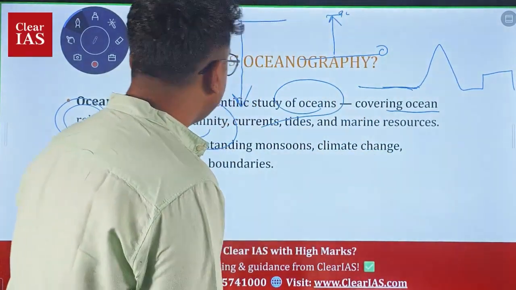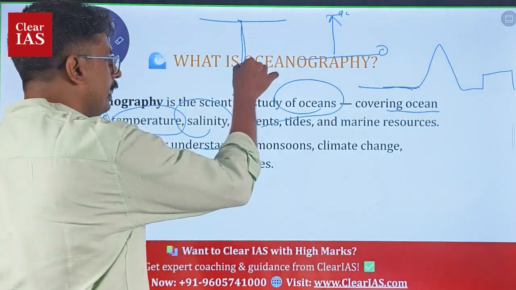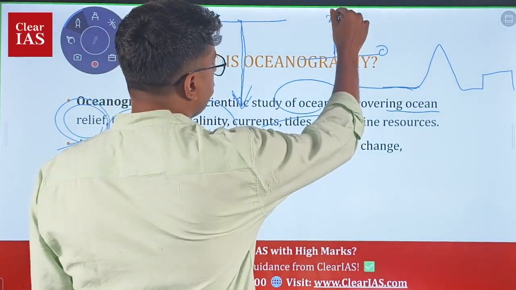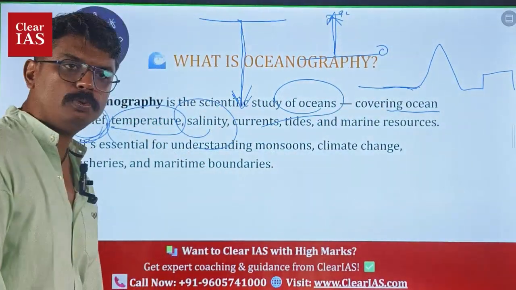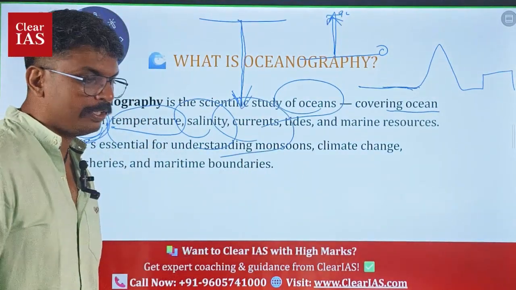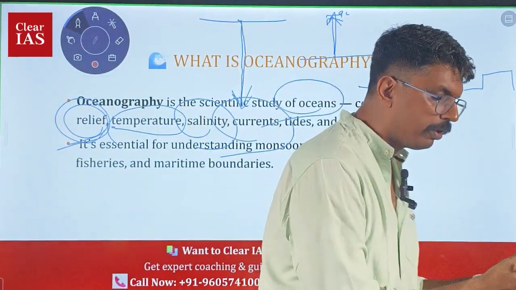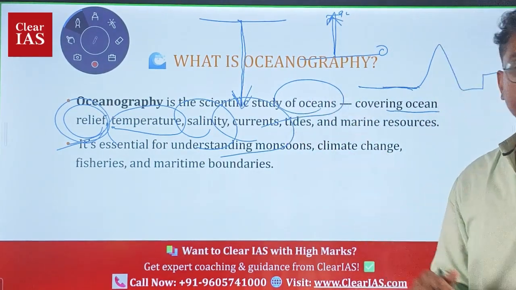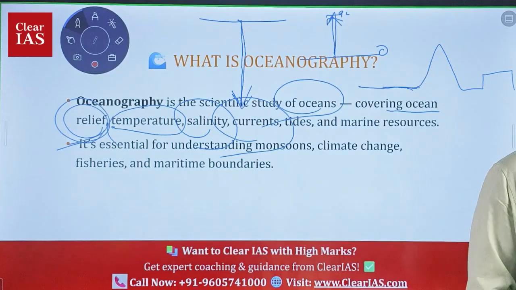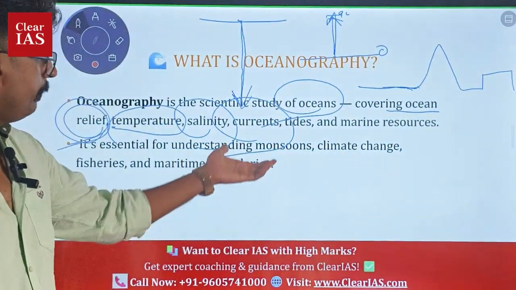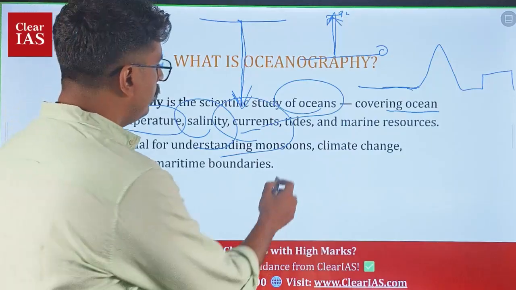Again, we'll study how the salinity varies as we go down, and as we move from the equator to the poles. Currents, ocean currents. There are a lot of river-like water bodies flowing inside the ocean. So we'll study how they are created, where they are flowing, which are the main important currents, and how you name them. All these topics would come under currents.